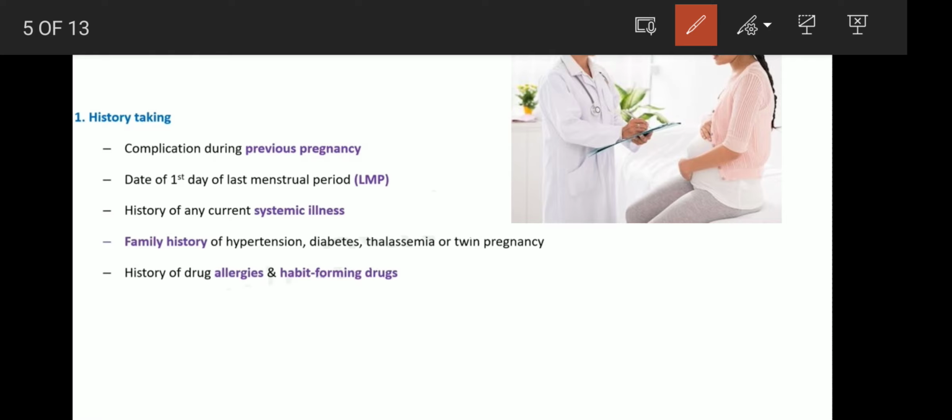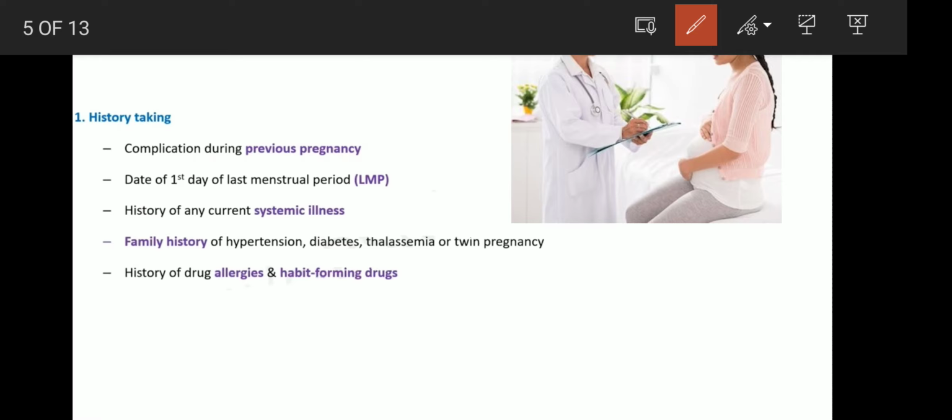So this was regarding the history taking. Also, we have to record the symptoms which are slightly indicating towards a complication, like if the mother is having fever, or persistent vomiting, abnormal vaginal discharge or bleeding, if she is becoming easily fatigued or breathlessness is seen even on mild exertion, if there is certain swelling in the body.